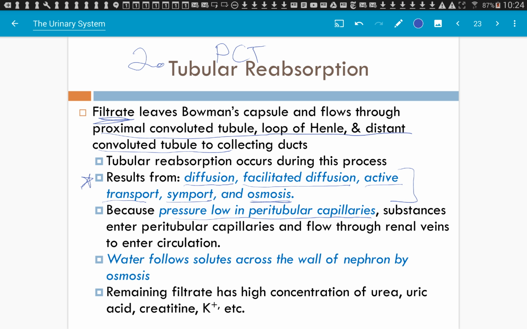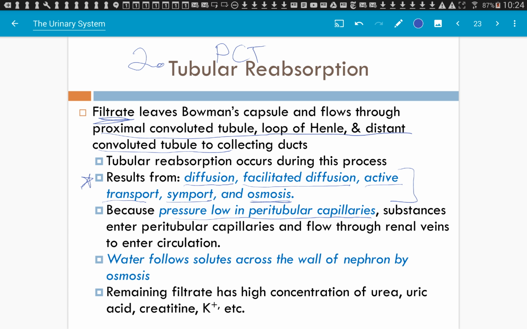And pretty soon we're going to talk about the significance of sodium ions in our kidney. And the concentration gradient in our kidney helps significantly with the formation of urine and concentrating your urine. Okay?